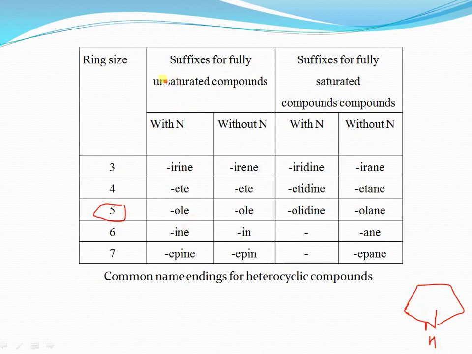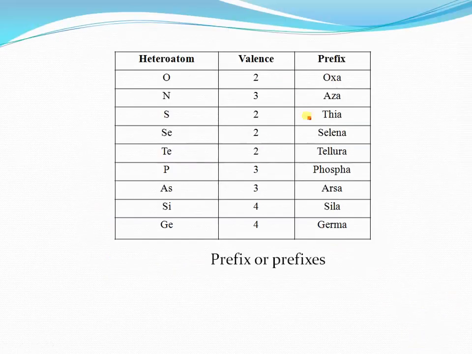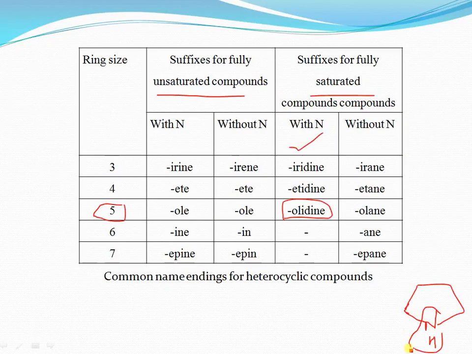So there is a suffix for fully unsaturated compounds, and another for saturated compounds. When we consider this saturated with nitrogen, it is olidine, so this is azolidine, aza from this, azo, and azolidine, like this. This is the name of this.